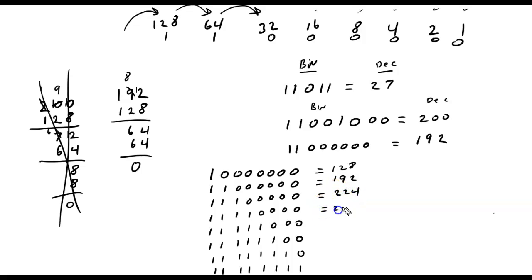The fourth one is 240. The next one is 248, because I just added 8 more like that. And then the next one is 252. That's because I added 4 more. And then I'll add 2 more to get 254. And finally, I'll add 1 more to get 255.